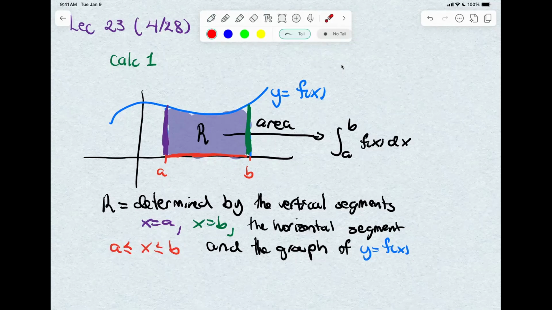So what I want you to remember from last time is that in polar coordinates, typically when you have the equation of a curve in polar, you solve for r. That's the easiest way to do things.